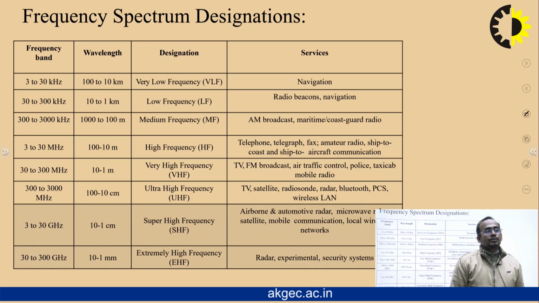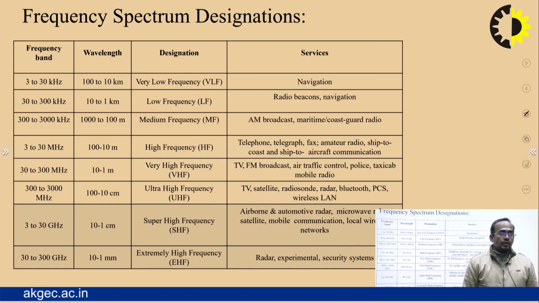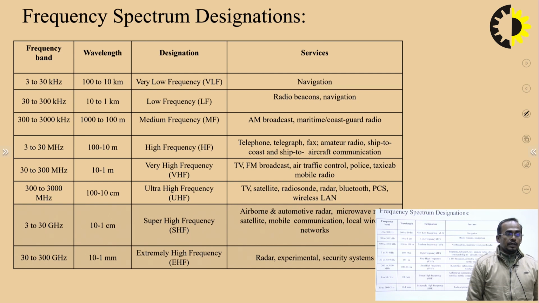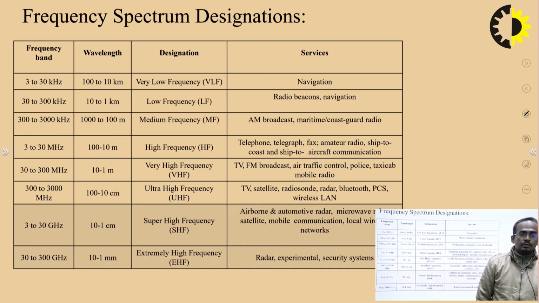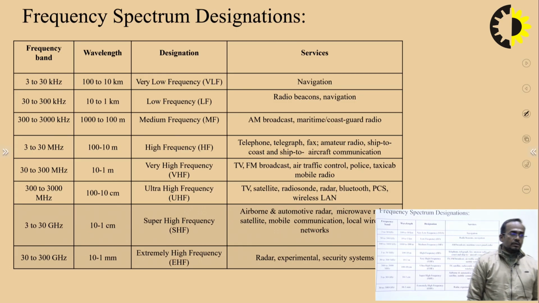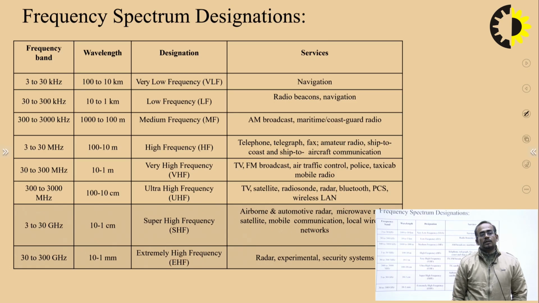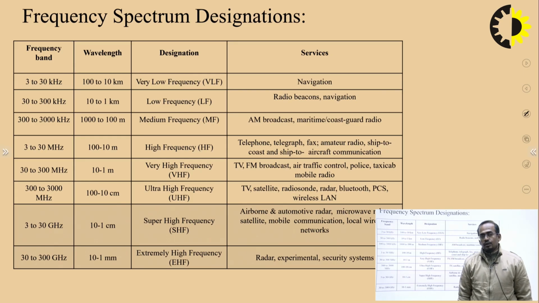30 to 300 megahertz is known as very high frequency and it is useful for broadcasting, air traffic control and mobile radio services. And 300 to 3000 megahertz is known as ultra high frequency, that is UHF, which is useful for satellite TV and radio, radar and wireless LAN. 3 to 30 gigahertz is known as super high frequency and used for airborne applications, and 30 to 300 gigahertz is extremely high frequency, which is used for radar and security purposes.